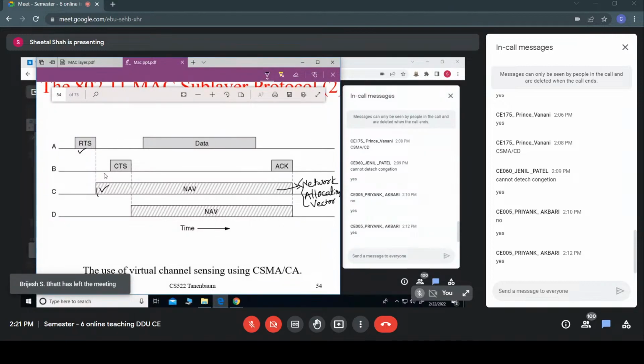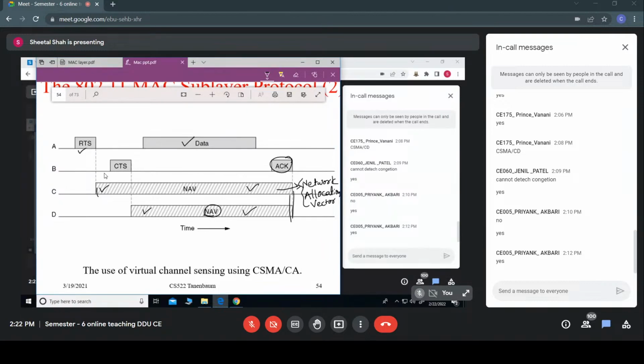So what it will do, it would also start one more timer within itself, and that is again known as a network allocation vector. Okay, so this timer would cover the time for the RTS signal, CTS signal, the time for the data which it would send, and the acknowledgement. So up to this extent, the timer would be started by these stations, station C as well as station D.